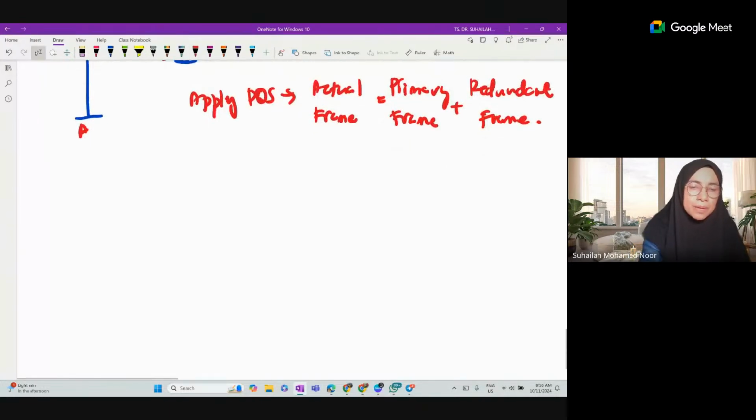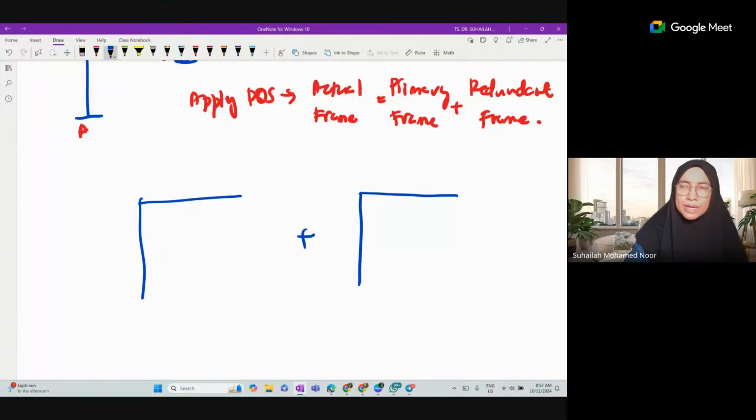Remember there are two of the same type, one primary and one redundant, same type, same support.